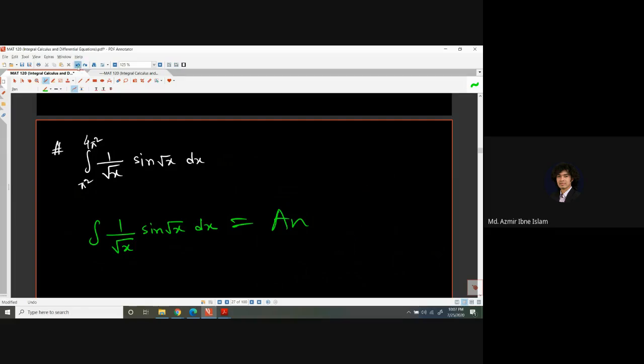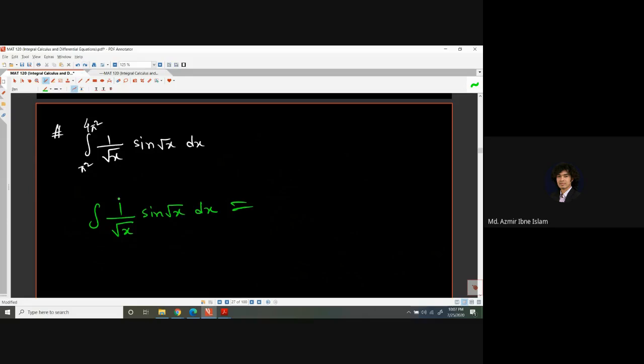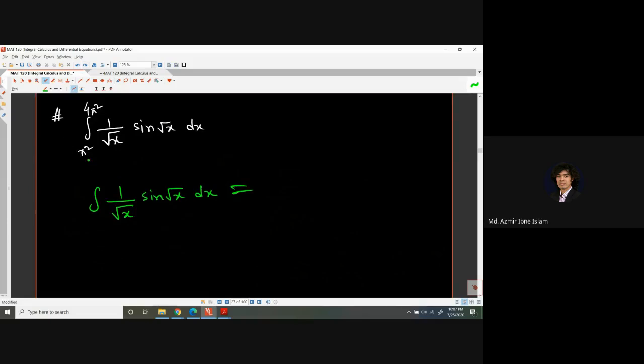So for definite integrals, we first have to consider the respective indefinite integral. The method that I am using here is that if we have a definite integral, we skip the limits at first, and we try to find the antiderivative of the respective indefinite integral. After having the antiderivative, we can apply the upper limit and lower limit.